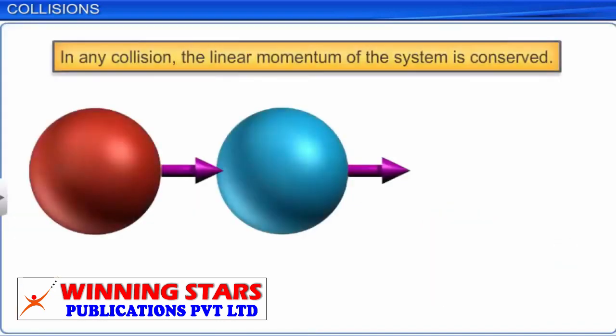In any collision, the linear momentum of the system is conserved.